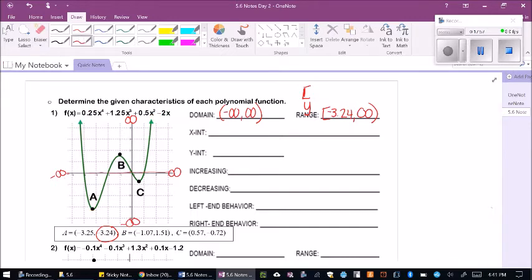The x-intercept is where it's going to cross the x-axis, and I could just read those values off. The order doesn't matter as long as we write them as points. So I'm going to start from left and work to the right. So this point would be 1, 2, 3, 4.